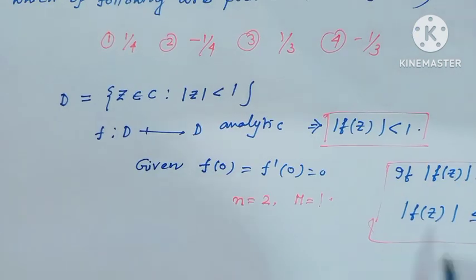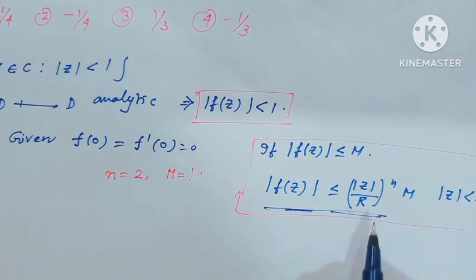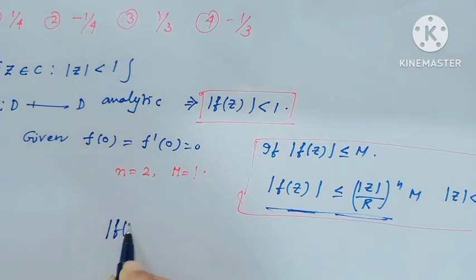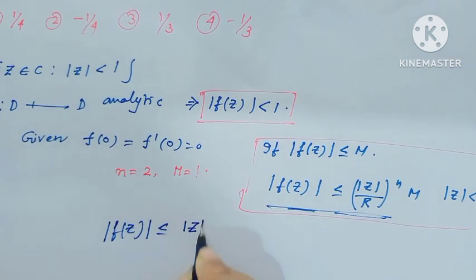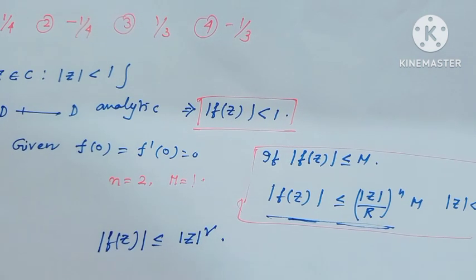If we apply this here, then this implies modulus of f(z) is less than or equal to modulus of z whole squared.